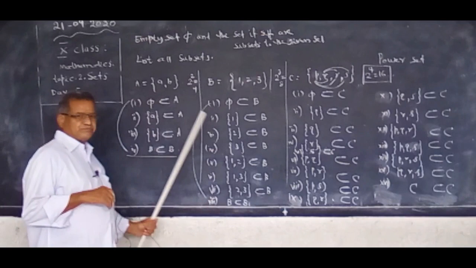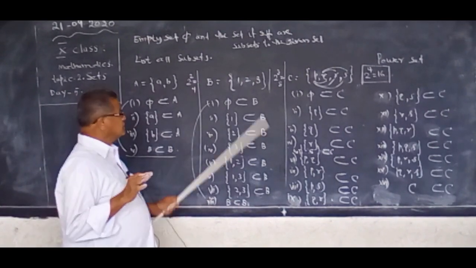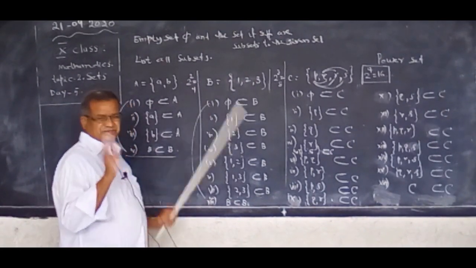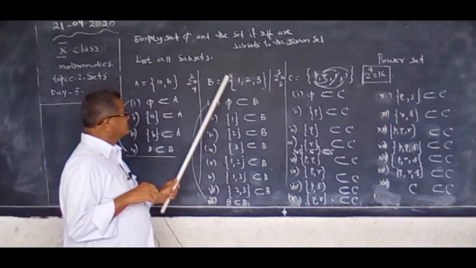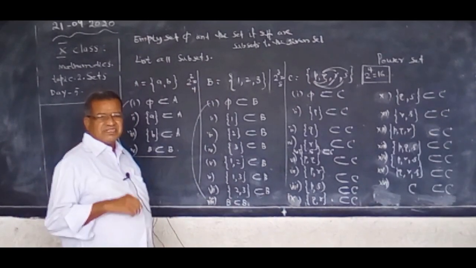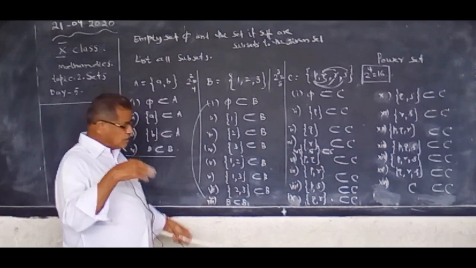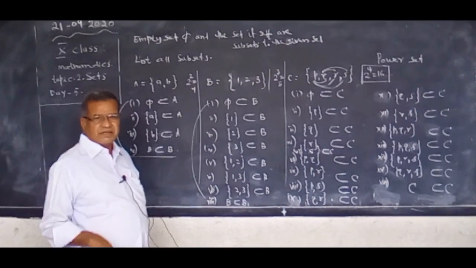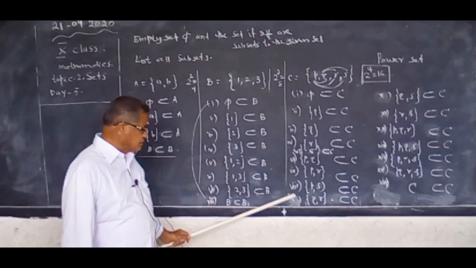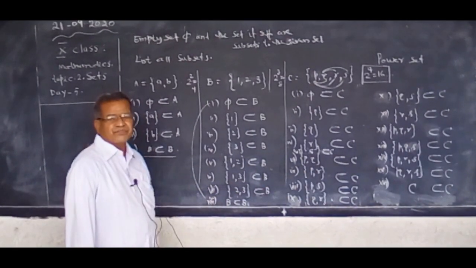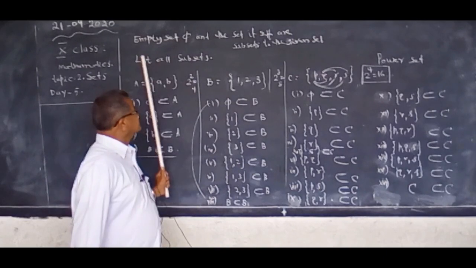But this is the way. Don't forget, start with the empty set first. And second, one element. Next, three elements. Last, conclude with the set itself.